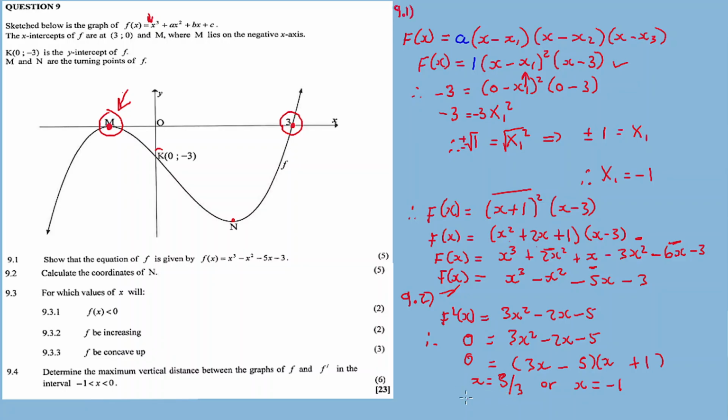So the x coordinate for n is going to be 5 over 3, and then for y, we substitute back into the original equation.